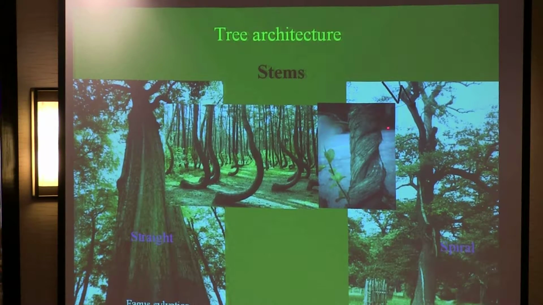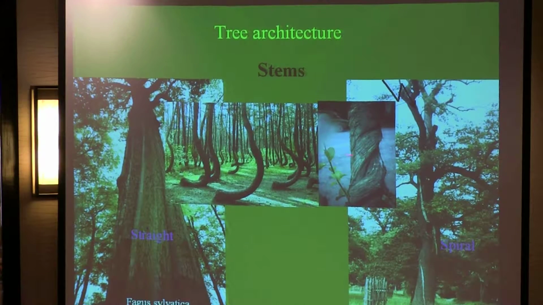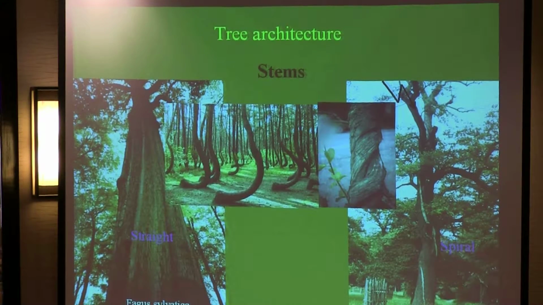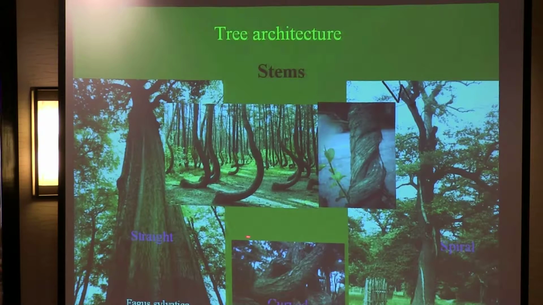This is, for example, a Syringa vulgaris stem, very rounded. And this is a cause of turbulence of severe wind in northern Sweden. This is just to show how stems can vary.